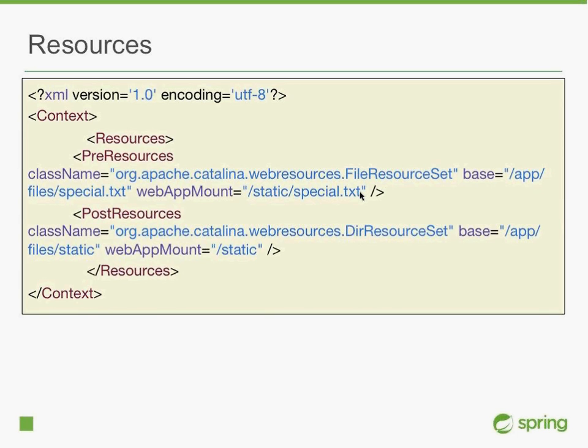So a servlet attempting to serve that URI would never see that request. The post resources, of course, then for obvious reasons, are resolved directly after the servlet if there's no response from the servlet for that URI.